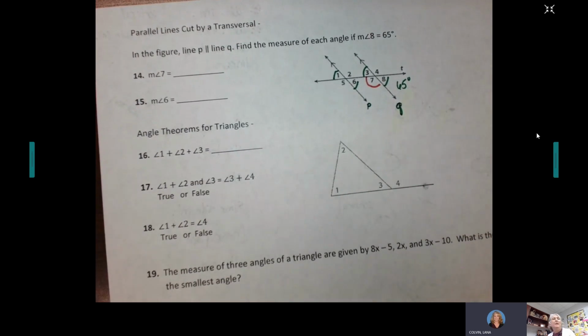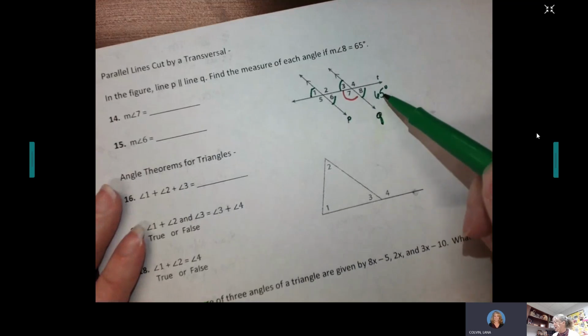How do I figure it out? It's not about how it looks. How do I figure out how big that angle is? What number has popped up a lot? 180.